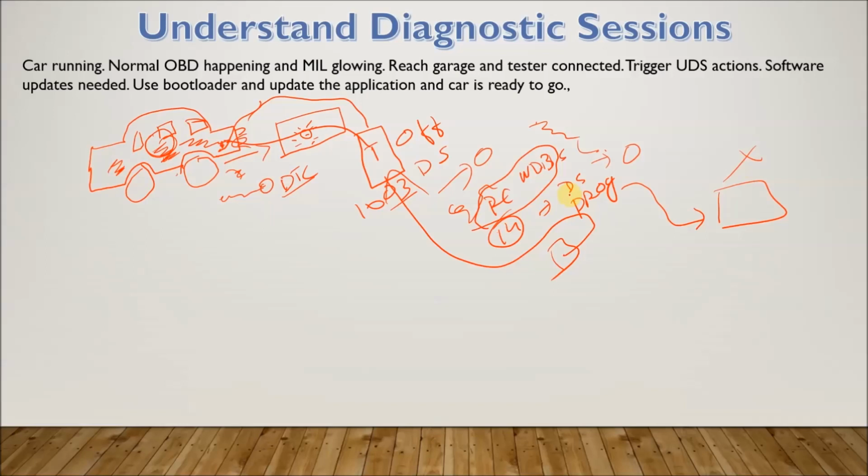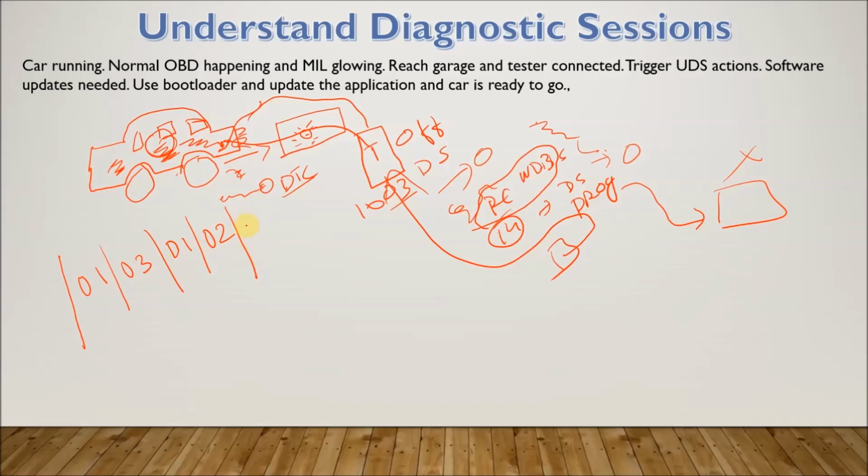Now, in this case, we had to do various things. Initially the ECU was in the default diagnostic session, and then the tester was connected and it went to 03. Then he identified the problem and found out that a software upgrade is required, so he went again to 01 and then triggered the programming session 02, when the controller went to the bootloader and updated the software.